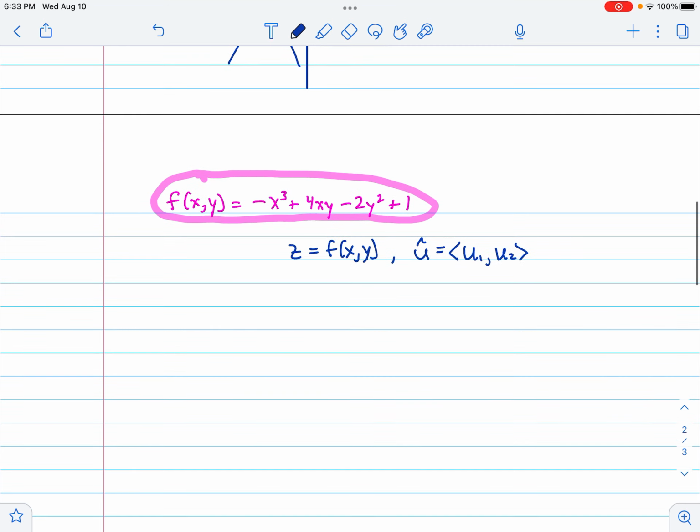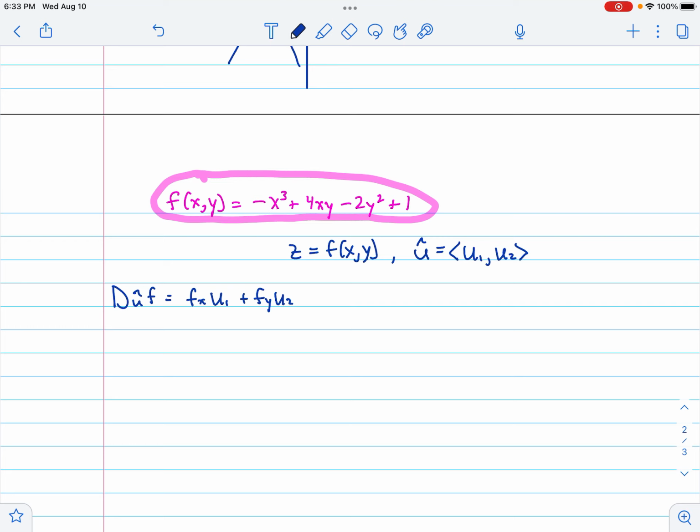Now, let's find the directional derivative. Here we go. The directional derivative of this thing is going to equal fx u1 plus fy u2. That's the directional derivative. Nothing more to it than that. But now we want to find the second derivative.